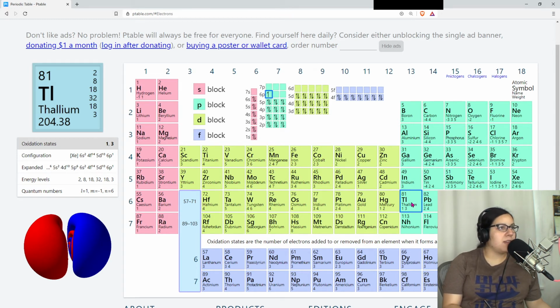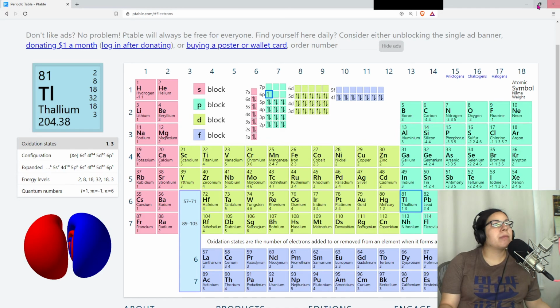That matches with this row here. So we know thallium's valence electrons are located in 6p1, because I'm just looking at this 1 here, and that matches with its electron configuration. We'll go over how to find this complicated electron configuration. Right now I'm just trying to show how we get the valence electrons. And then there are our other p orbitals buried in there.